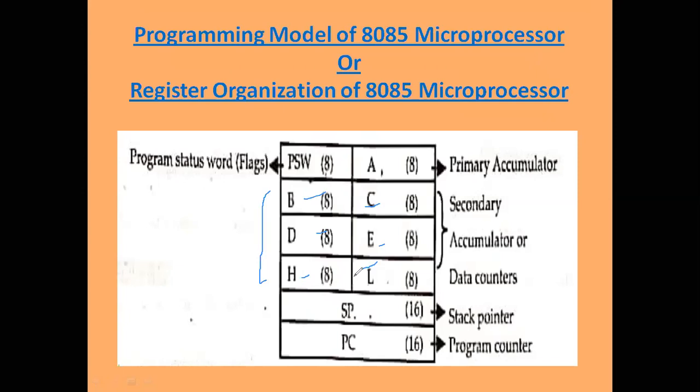So how do we store data in programming? We have these B, C, D, E, H, L, 6 general purpose programmable registers used to store 8-bit data. If you want to store some data value, you can use these registers in your program to store information. Understood this concept?